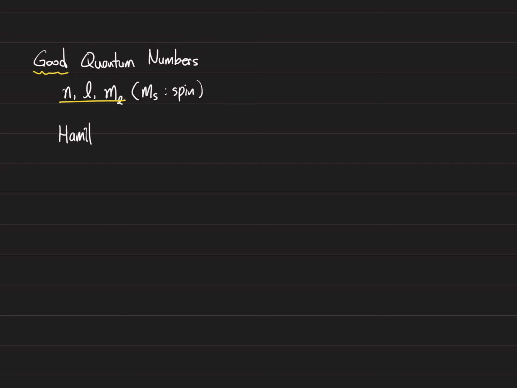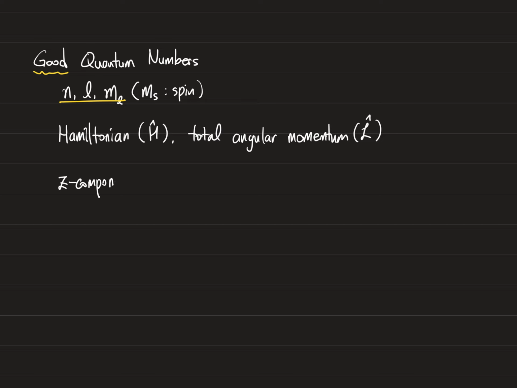we have 3 different operators. The Hamiltonian operator, H hat, and we have the total angular momentum operator, L hat squared, and we have the z component of the angular momentum, L z.